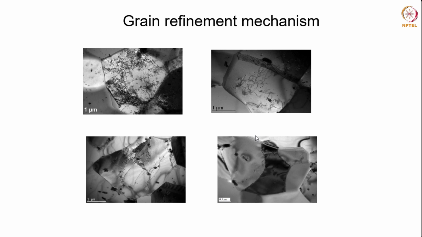Depending on the deformation conditions and the material properties, the type of dynamic recrystallization can vary from material to material. We have already learned about different types of dynamic recrystallization: discontinuous dynamic recrystallization or DDRX, continuous dynamic recrystallization or CDRX, and geometric dynamic recrystallization or GDRX.